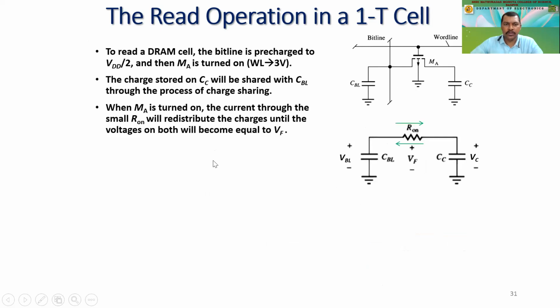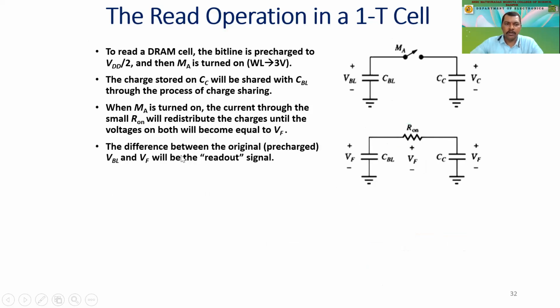This capacitor is over there, and when MA is turned on, that is, switched on, the word line is taken to plus 3 volt. Automatically, the charge which is over there comes over here. If it is 1, then it will show you 1. If it is 0, then it will not change. So MA will turn on. The difference between the original pre-charge VBL and VF will be read out as the signal, right?